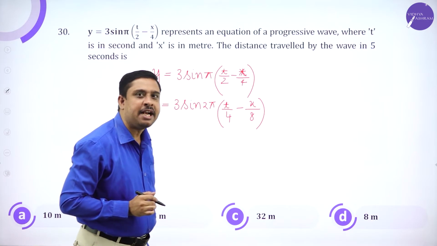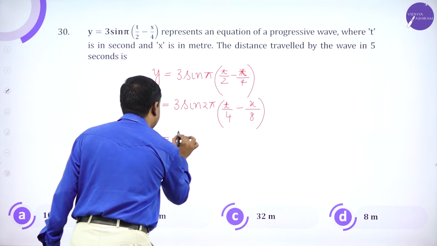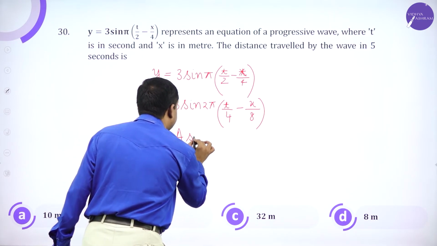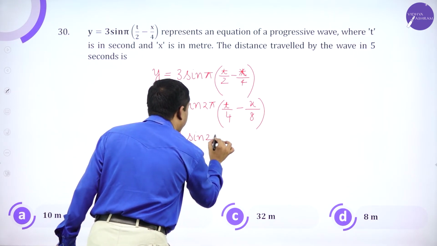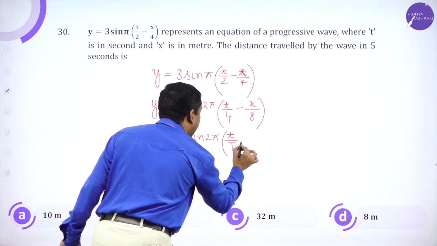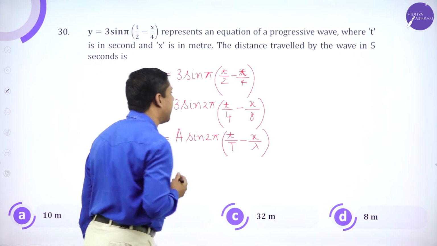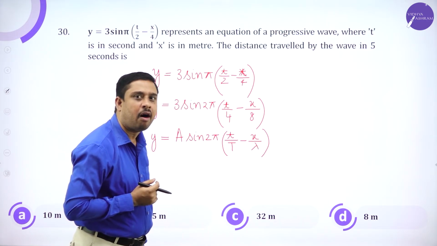Now is it in the standard form? Yes. So y equals a sine 2 pi t divided by capital T minus x divided by lambda.